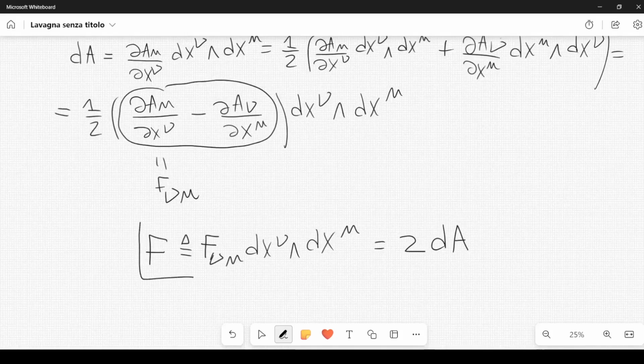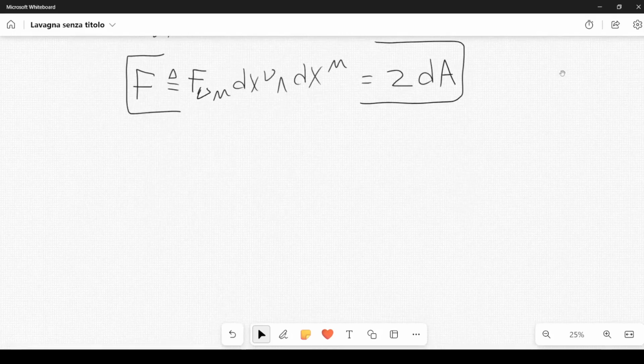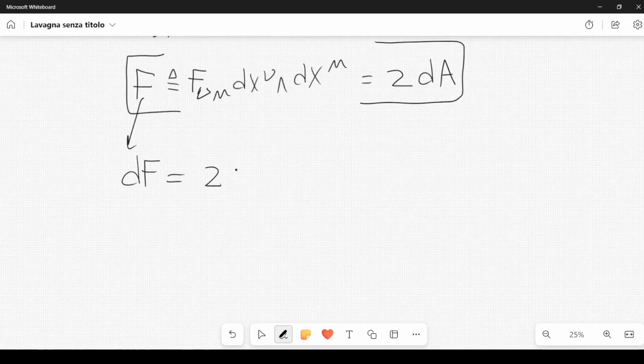Now this relationship between F and A is very important, because if we take the exterior derivative of F, we see that this is equal to twice the second exterior derivative of A. But we have already proved that if we take the exterior derivative of a form twice, we get 0.